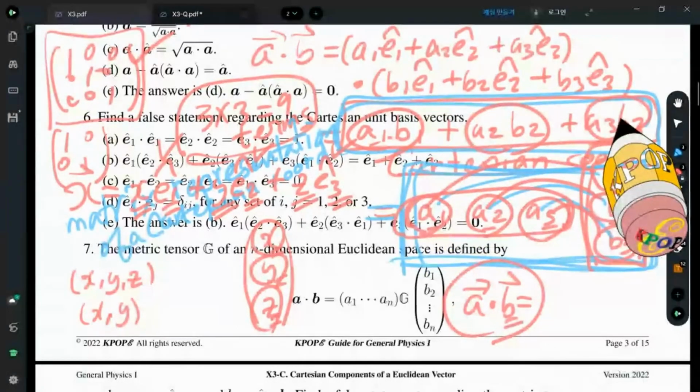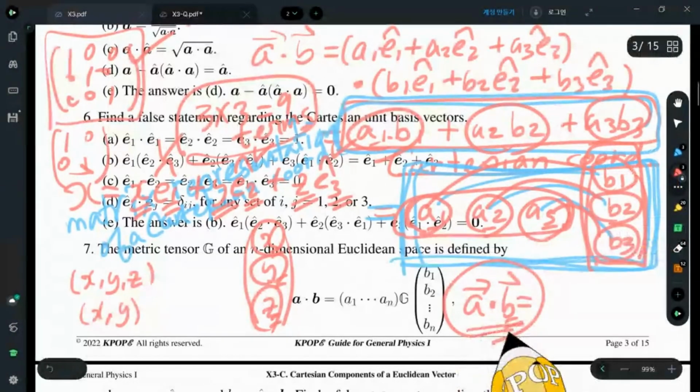This is the scalar product. And this is the beginning of the matrix. Okay? The matrix is not created independently. It just came from the scalar product of two Euclidean vectors in terms of Cartesian coordinates. Remember.